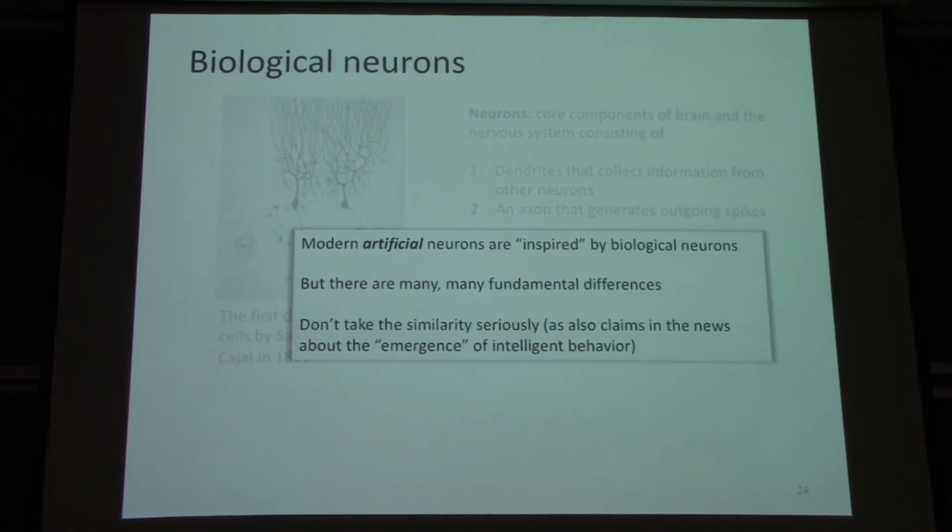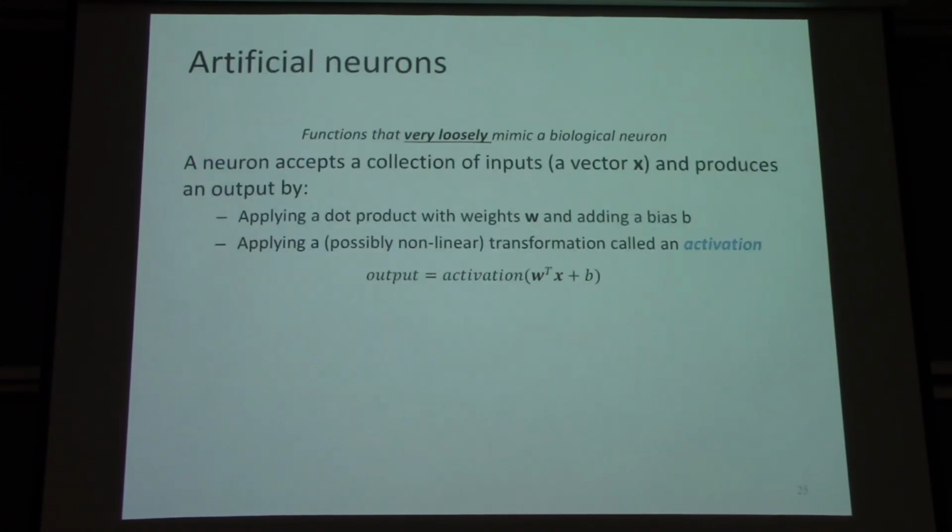So just be aware. The fundamental neuron that we will look at is extremely different from a neuron in the biological sense. An artificial neuron is not one thing, it's just a class of functions. That's really the way to think about it. These are functions that very loosely mimic a biological neuron in the sense that they also collect inputs and produce outputs, like any other function.